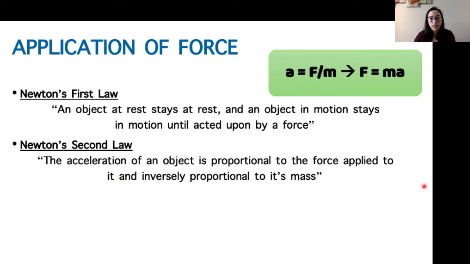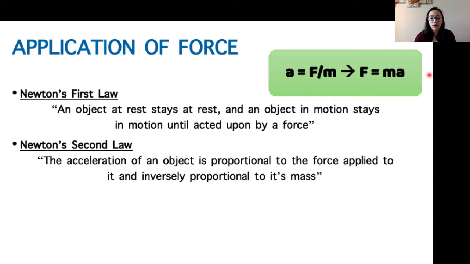Newton's second law states that the acceleration of an object is proportional to the force applied to it and inversely proportional to its mass. If we rearrange this equation, we get the more well-known equation, force equals mass times acceleration.